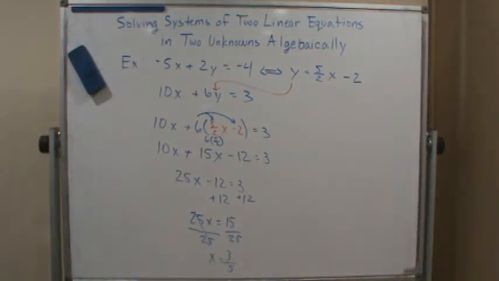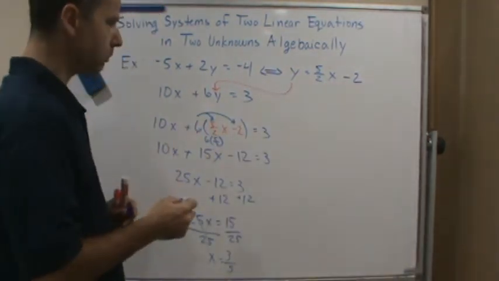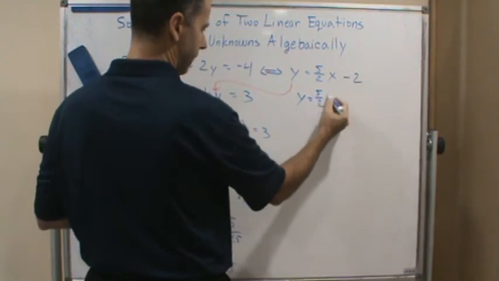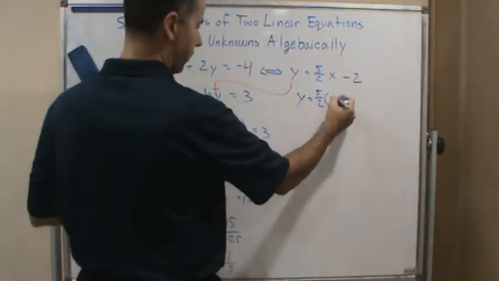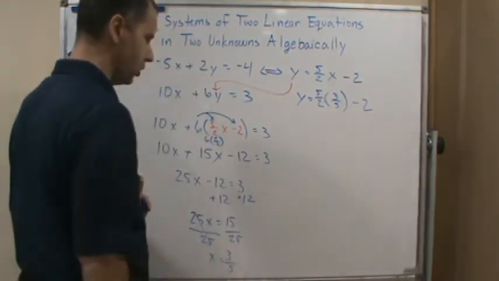So I solved for one of the unknowns, and now look. Now I come back and I plug it into this one. So then I get y equals 5/2 times 3/5 minus 2.